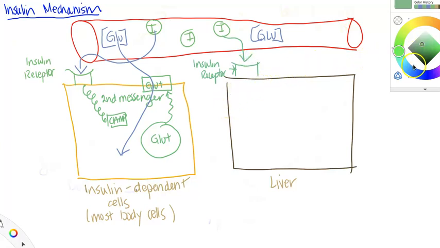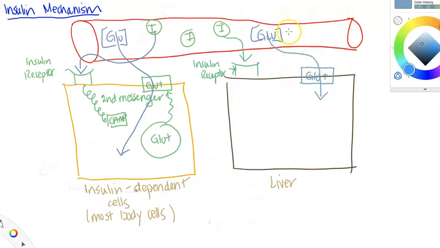But the glut transporter is already here. It's always in liver cells in the plasma membrane. The problem is when glucose comes in to this transporter, or this channel, whatever you want to call it, it comes in through diffusion.